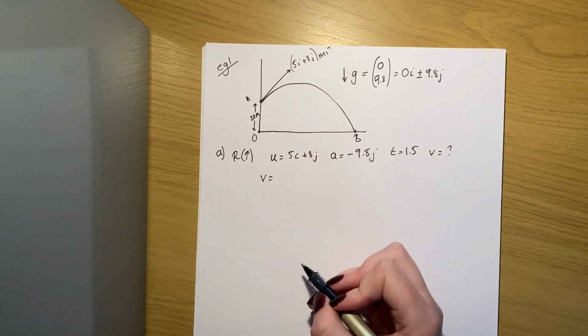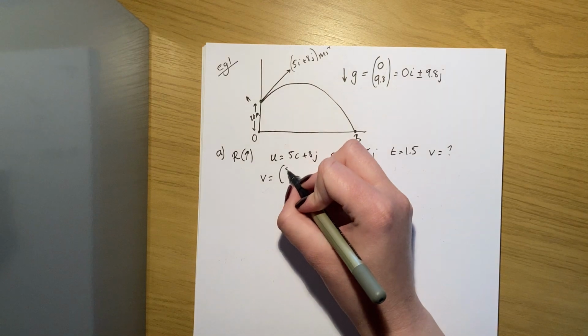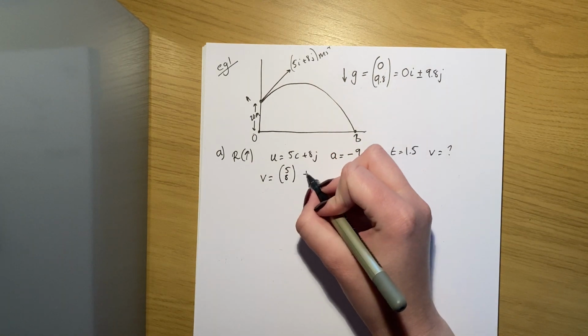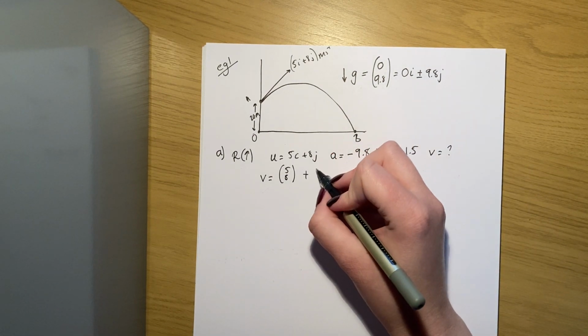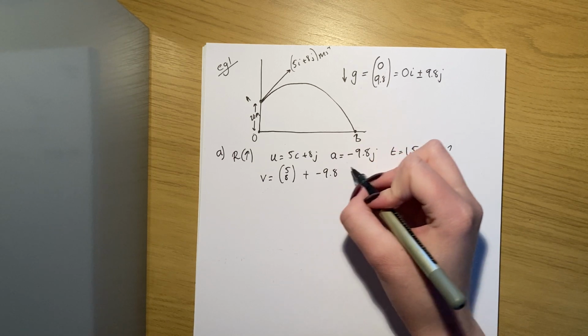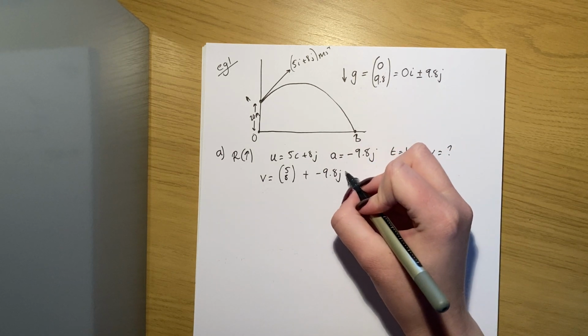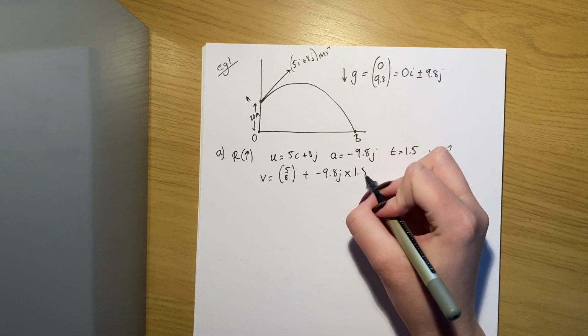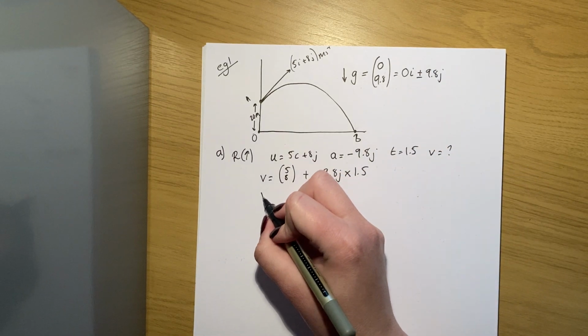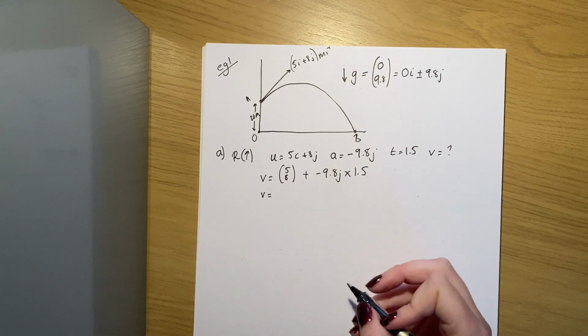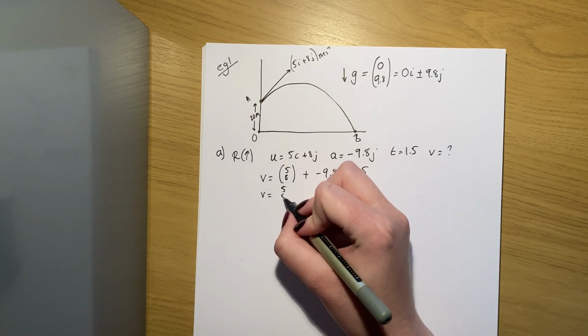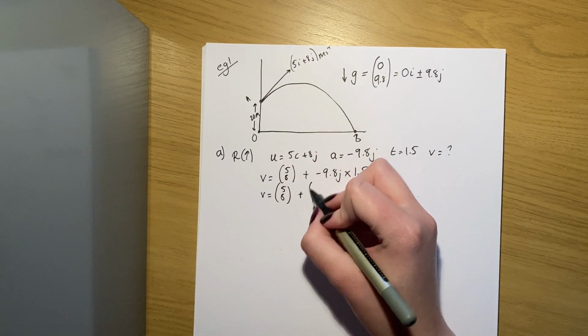So v is equal to u plus at. So 5, 8 plus, and I'm going to put this back into a column vector.